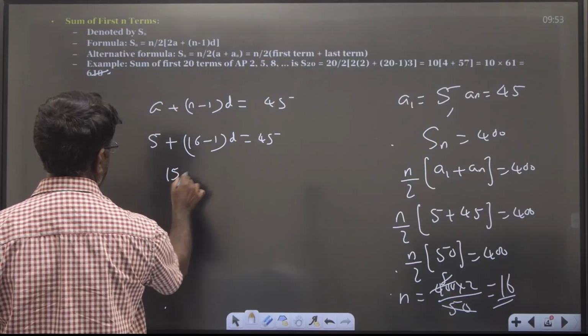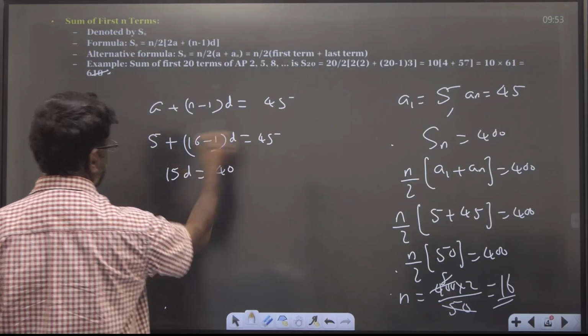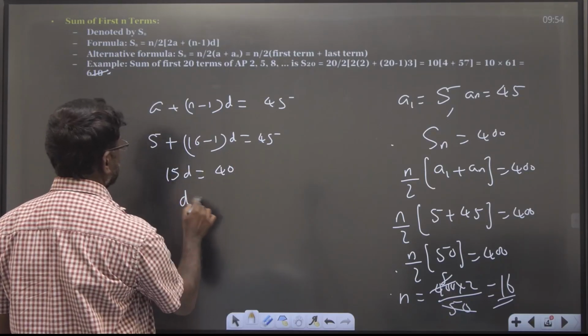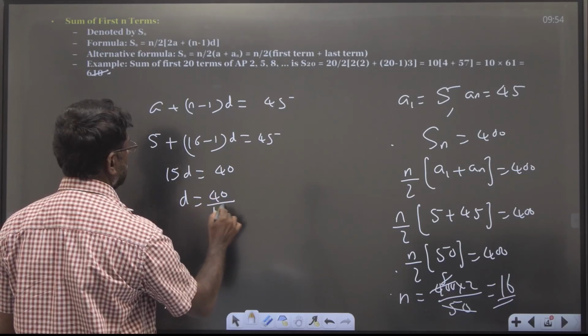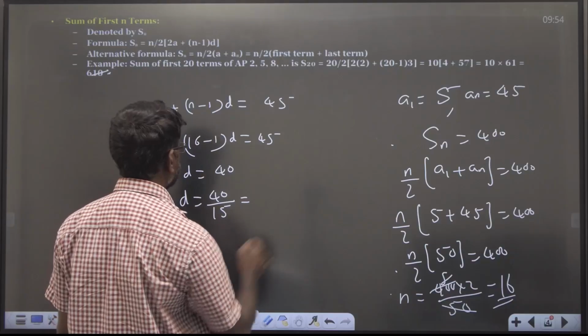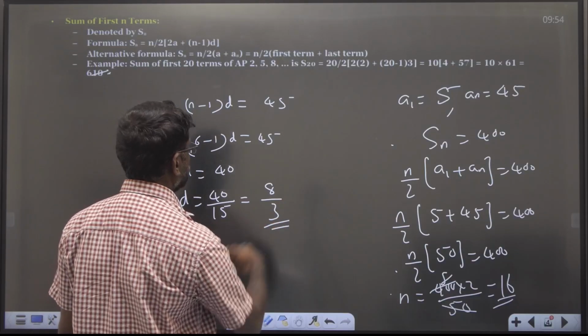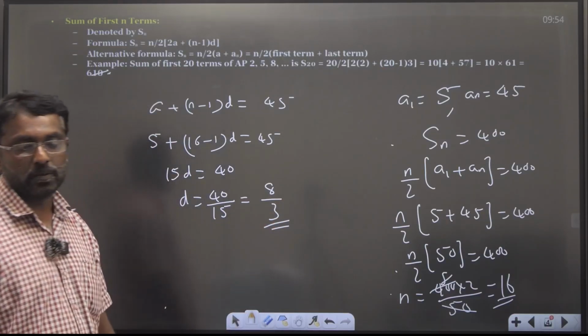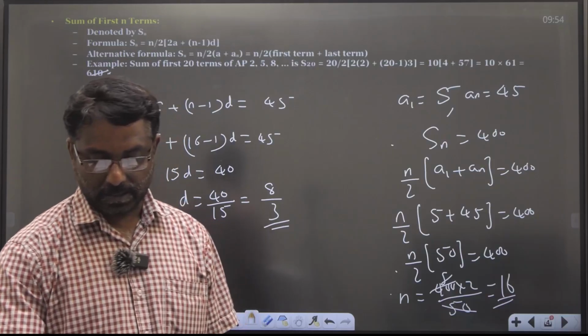So 15d equals 40. Taking 5 to the right hand side, d is equal to 40 by 15. We can cancel with 5, that is 8 by 3. D is equal to 8 by 3. 8 by 3 is the answer.